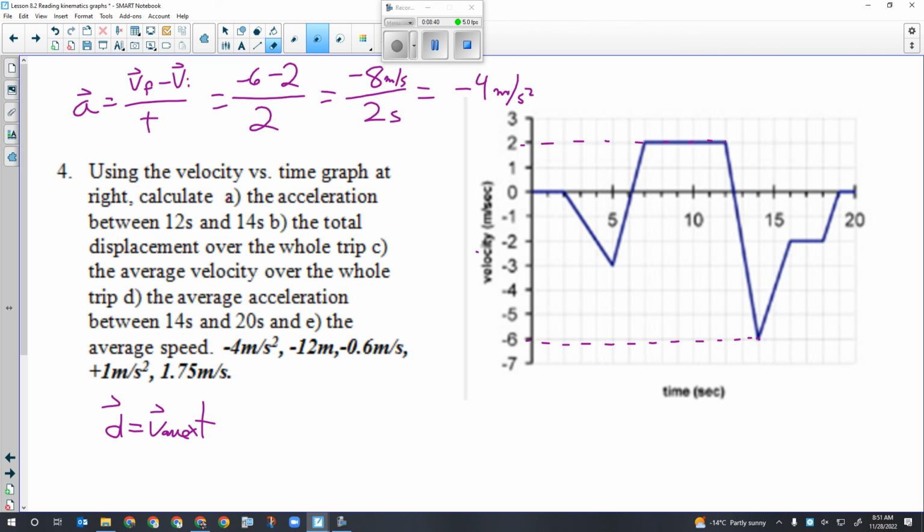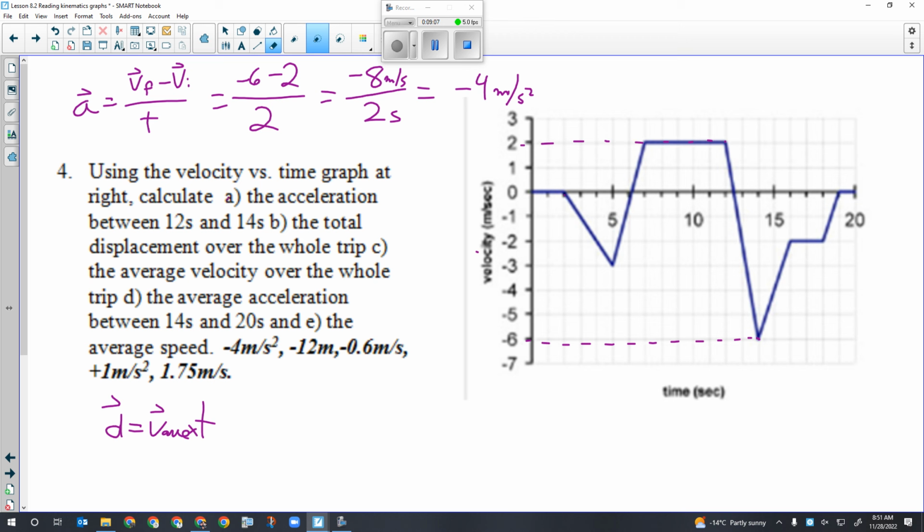How far does the object go between 0 and 2 seconds? Zero. How do I know that? Because the velocity is 0 for 2 seconds. Last time I checked, just standing here won't get me anywhere. That's exactly what that object is doing for the first 2 seconds.